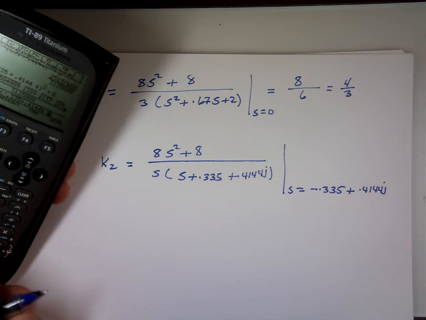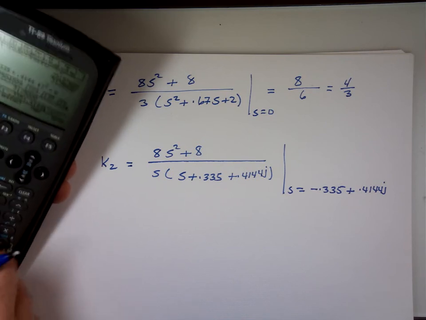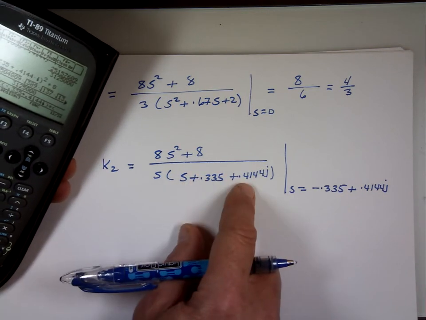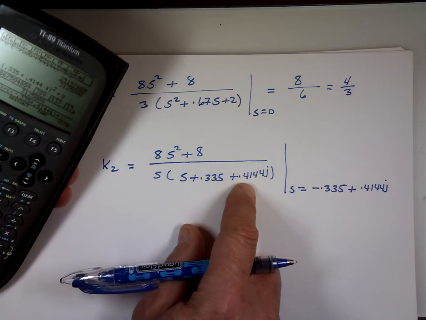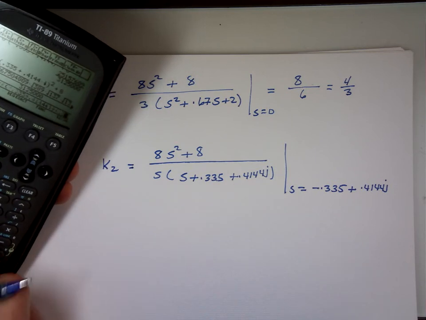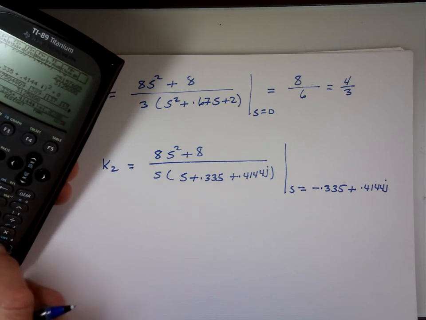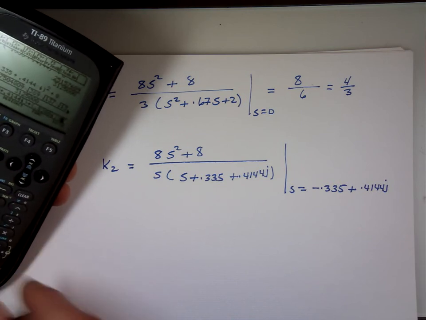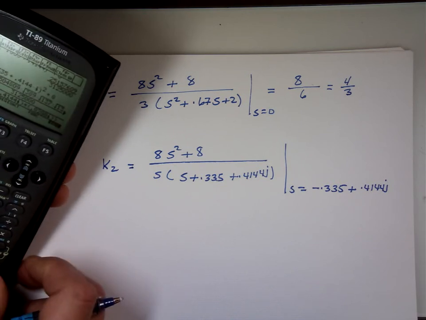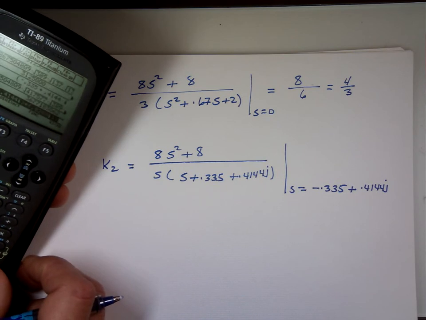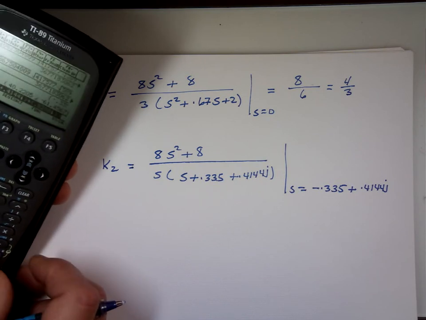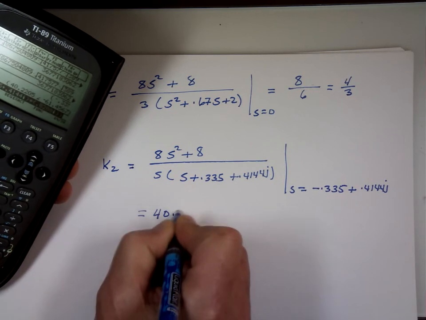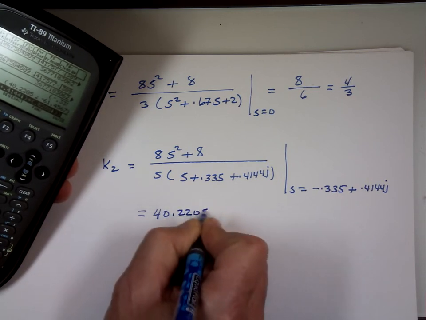Now when S equals, this number will disappear, will be twice that number, 0.8288I. Close. It's busy. As a decimal number, I came up with 40.2205, angle negative 61.5 degrees.